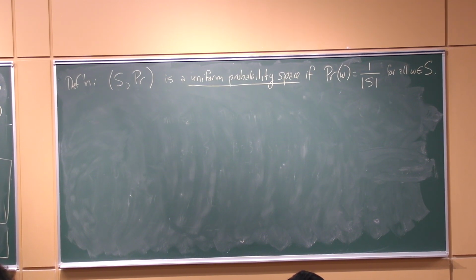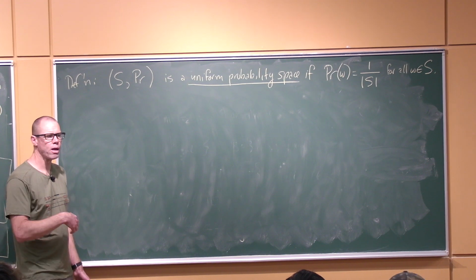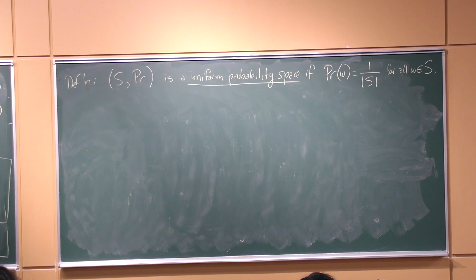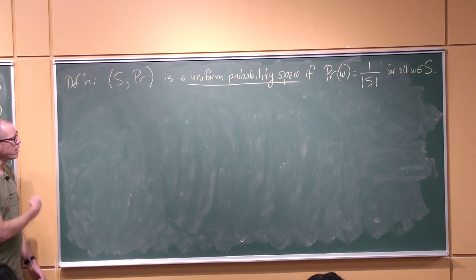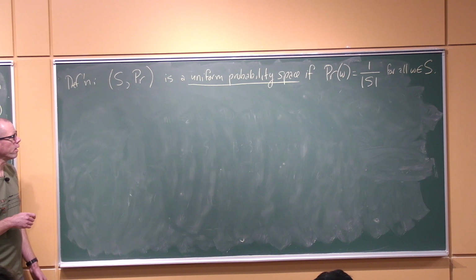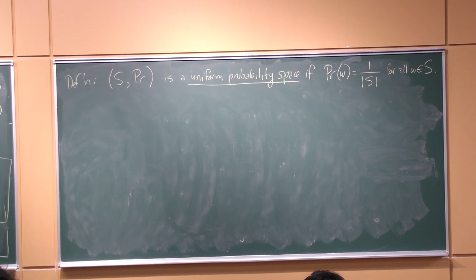Right? We talked about rolling a 6-sided die twice, and there were 36 possible outcomes, 6 times 6 possible outcomes. Each one had probability 1 over 36. We just did an example where you pick a random integer between 1 and 1,000, and we assumed that each one was equally likely.